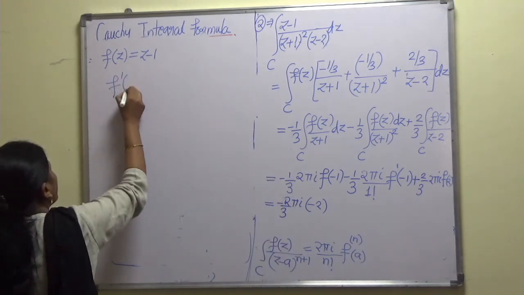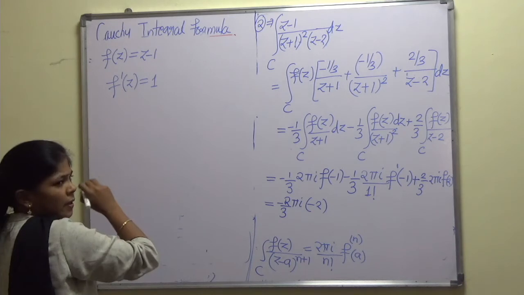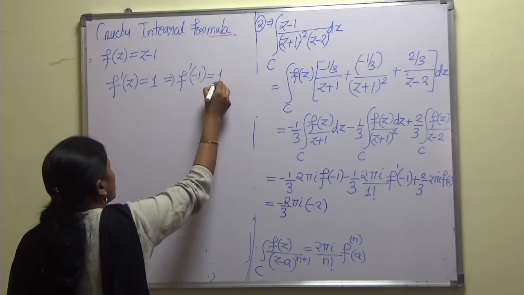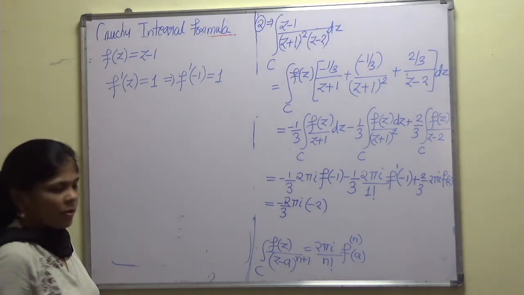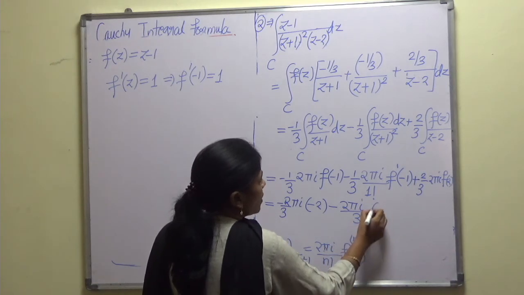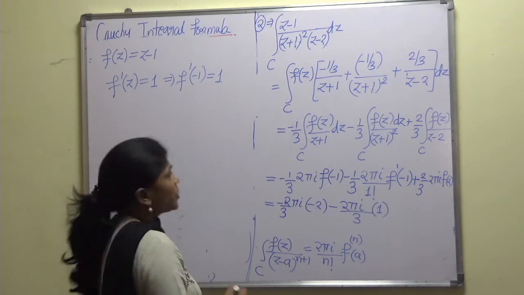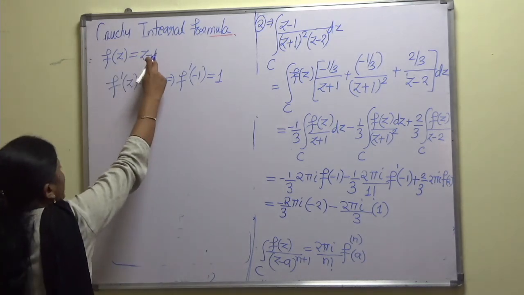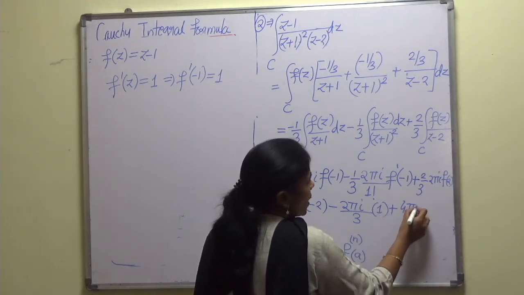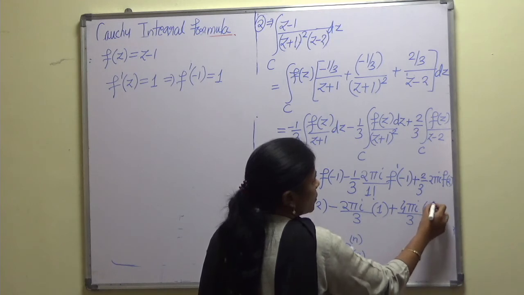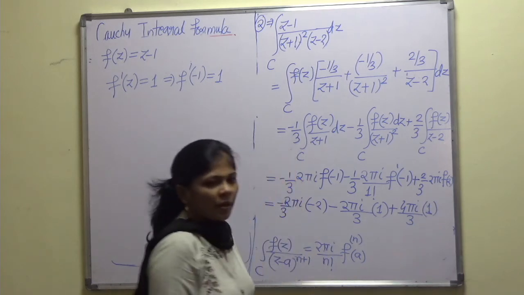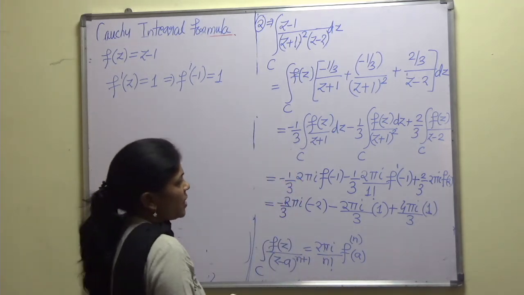What will be its derivative? Its derivative will be 1. So obviously on putting z as minus 1, this will remain 1. There will be no change. So it is minus 2 pi I upon 3 into 1. Similarly, put z as 2 over here, so it will be 2 minus 1, that is the value of f of 2. So it is plus 4 pi I upon 3 into 1. Simplify and see what we get.